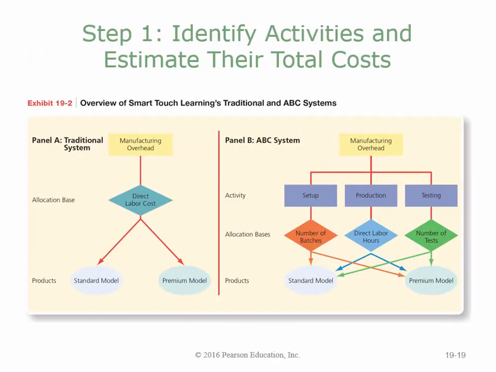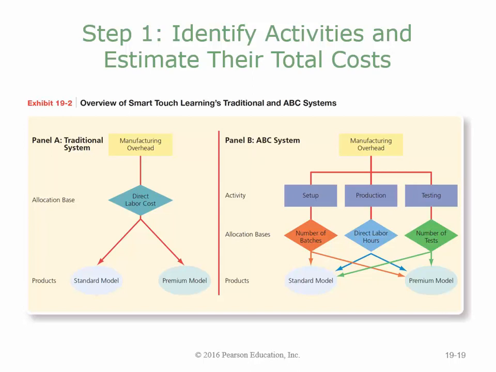All right, so here's our traditional system like we've already learned. We have manufacturing overhead, we have direct labor costs, and then those flow directly into the product.